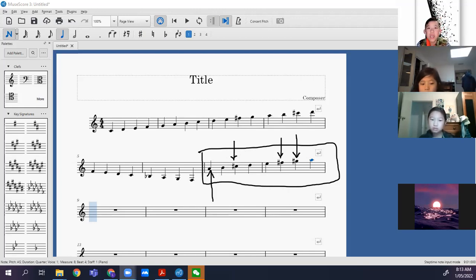The order is F sharp, C sharp, and G sharp. So let's make that into a mnemonic. I prefer Fat Cat Goes Dark After Eating Beetroot.